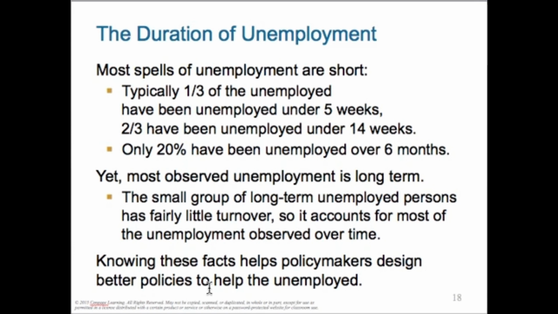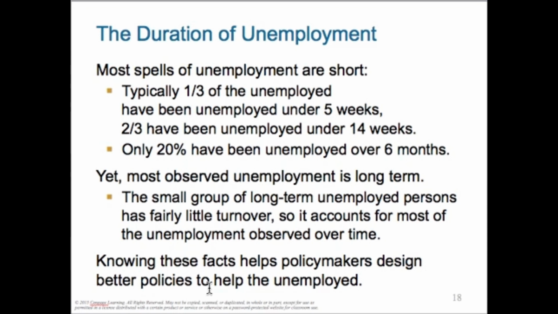These facts imply that economists and policymakers must be careful interpreting data on unemployment and designing policies to help the unemployed. Okay? While most spells of unemployment are short, typically one third of the unemployed have only lost their jobs within the last 5 weeks, so within a month or so. Okay, and then really only 20% of them are still unemployed within 6 months.